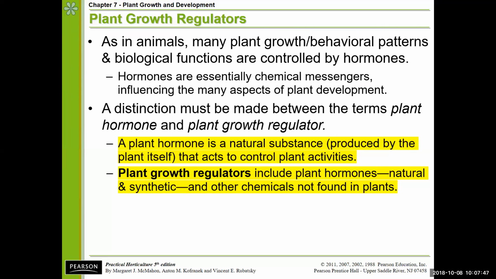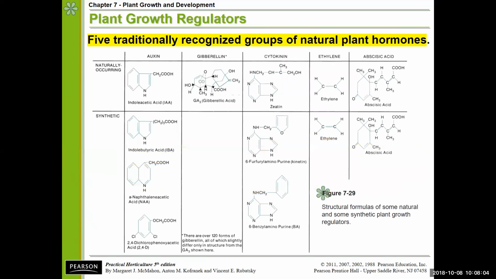The plant growth regulators are basically hormone-like substances that are applied to plants in order to trigger artificially some of these different cues in plants in order to promote different agricultural activities. We've got 5 traditionally recognized groups of natural plant hormones, and in this table we see the naturally occurring plant hormones and then also the synthetic versions of them.